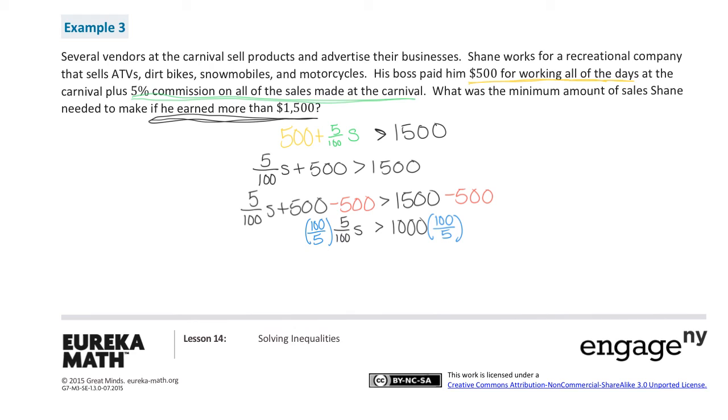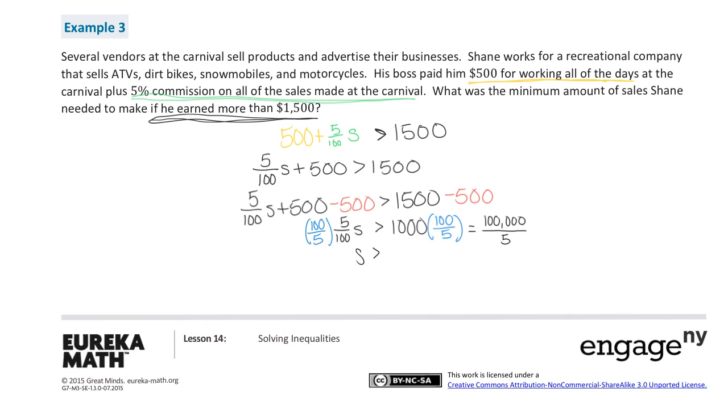Looking at the left side here, I know any value times its multiplicative inverse is going to give me 1. So now I have 1S is greater than 1,000 times 100 divided by 5. So 1,000 times 100 is going to give me 100,000 over 5.